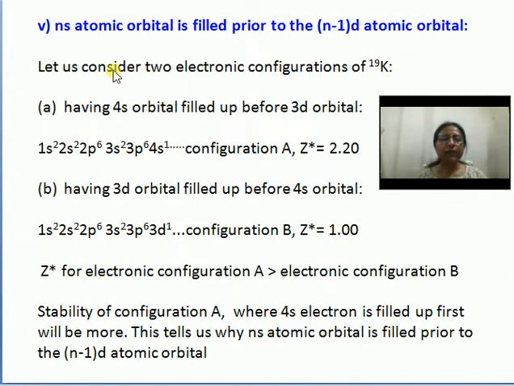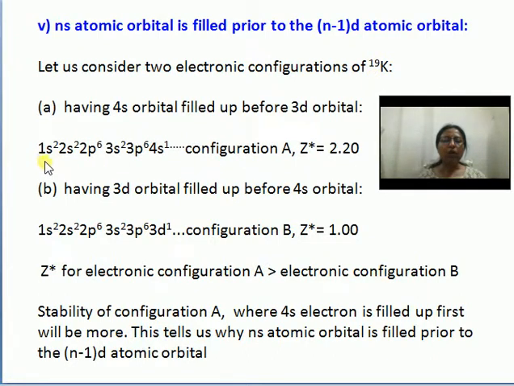This is the last application I am going to tell you using Slater's rule: how we can tell that the ns atomic orbital is filled prior to the n-1 d atomic orbital. Here we have taken the example of potassium, which has atomic number 19. For potassium we will write two kinds of electronic configuration.